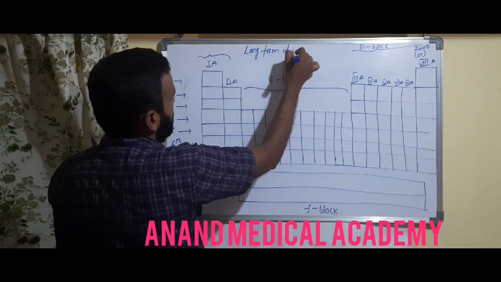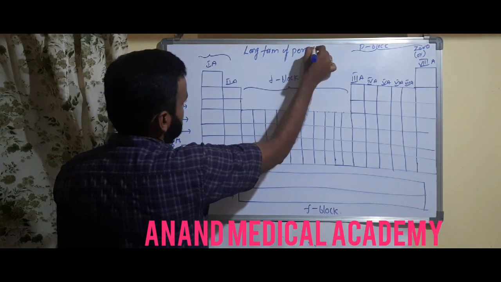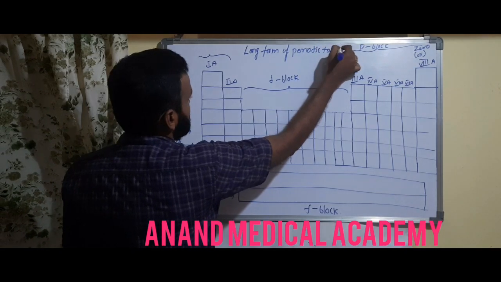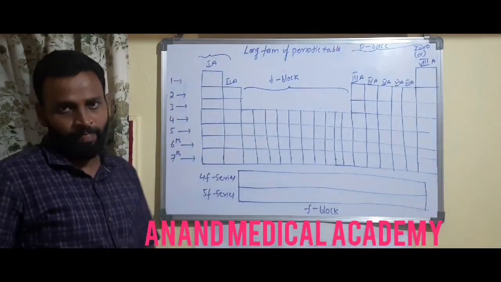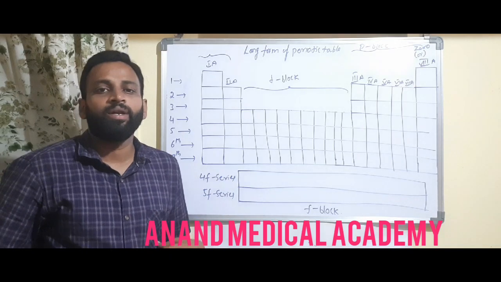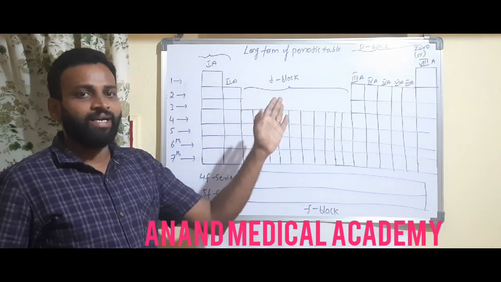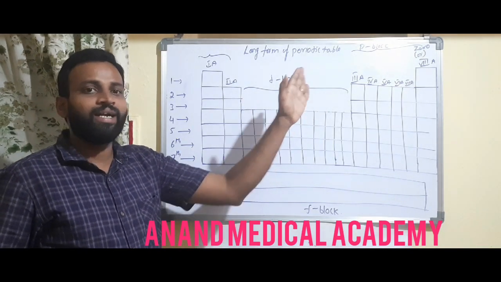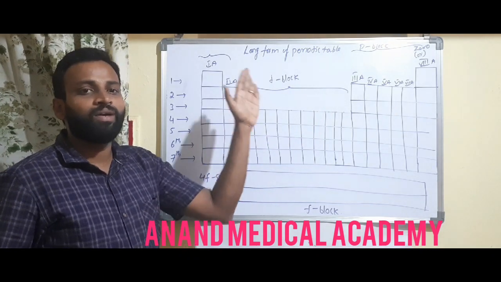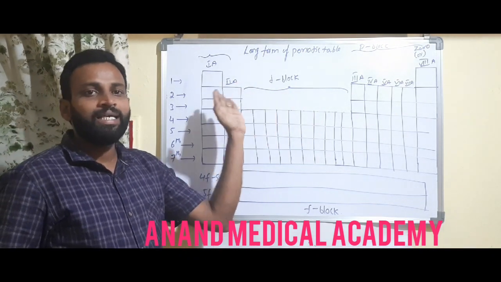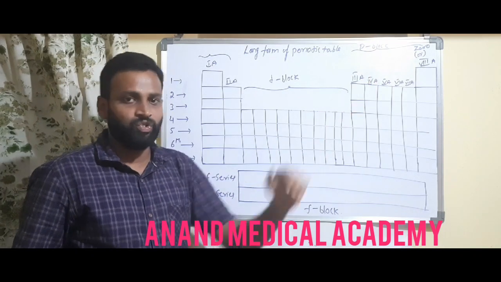The long form of the periodic table was given by Niels Bohr, based on electronic configuration. He classified elements by the filling of electrons in various subshells in the increasing order of their energy.